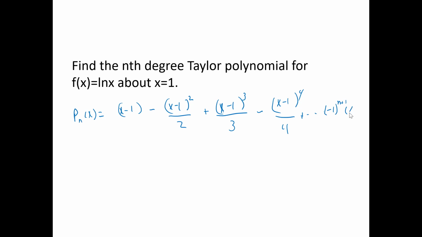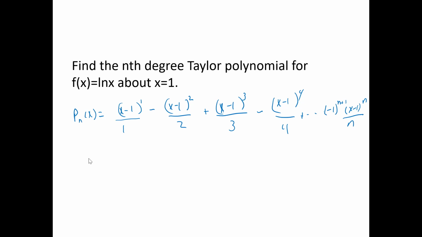And so then they all have an x minus 1. For the first term, the power is 1. For the second term, the power is 2. That's about as easy a pattern as that can be. So we have n. And then in the denominator, whatever the exponent is, that's what the denominator is. Even in this one, the exponent is 1, the denominator is 1. So then we have n.